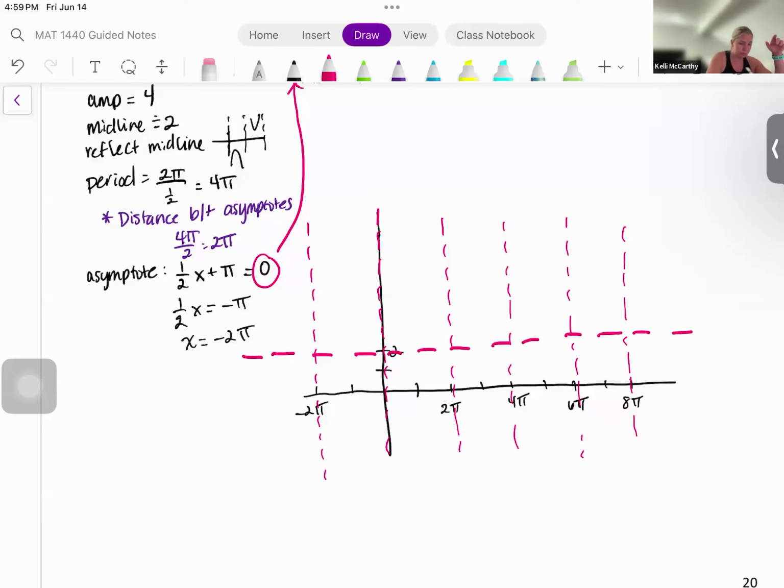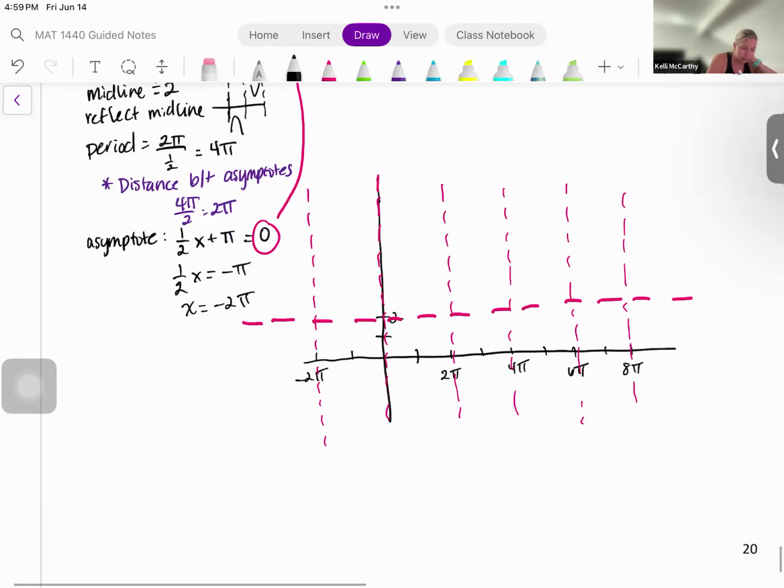Since my amplitude is 4, I'm going to go up 4 units from my midline and down 4 units from my midline to find those min and max values. So 1, 2, 3, 4. Here's 6. 1, 2, 3, 4, negative 2. So I really probably will need some extensions on these asymptotes, especially down here.